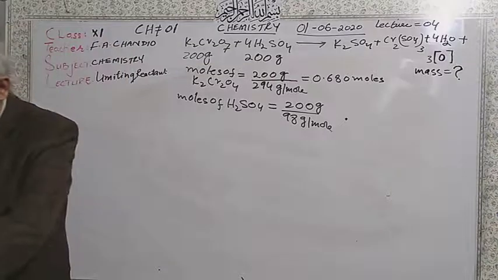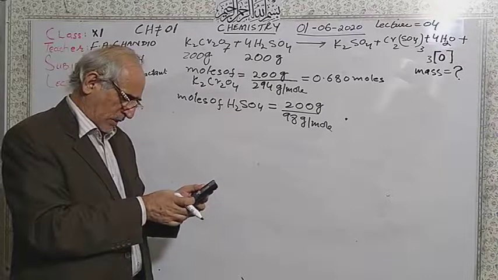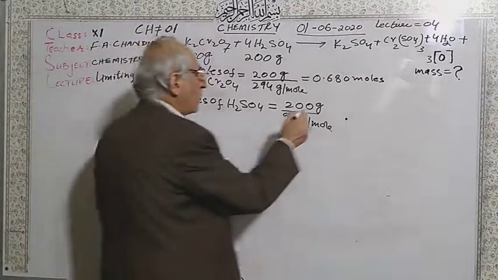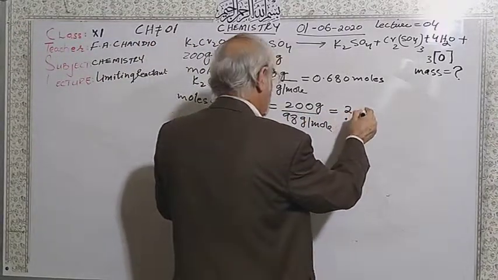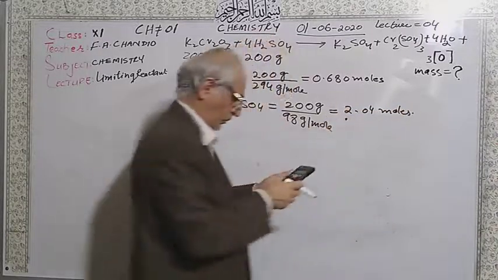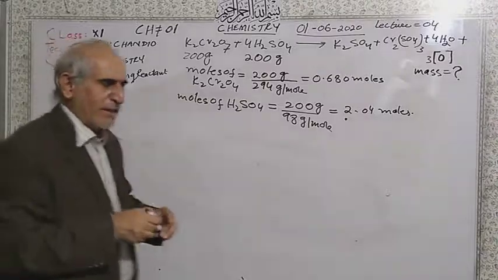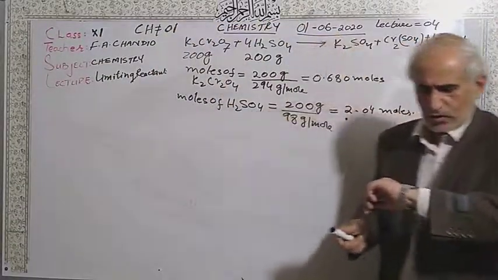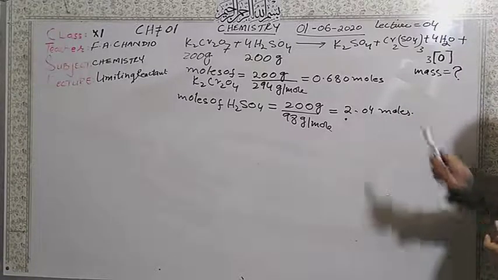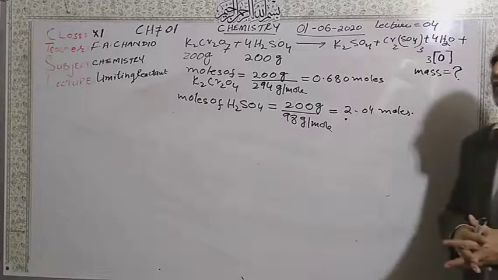So dear students, you have to calculate 200 divided by 98, you will get 2.04 moles. So these are the number of moles as you did in the previous example. Now the question is calculate the mass of nascent oxygen and find the limiting reactant.